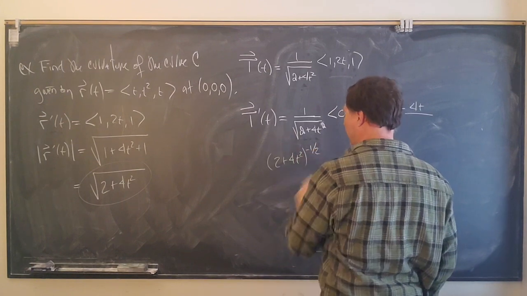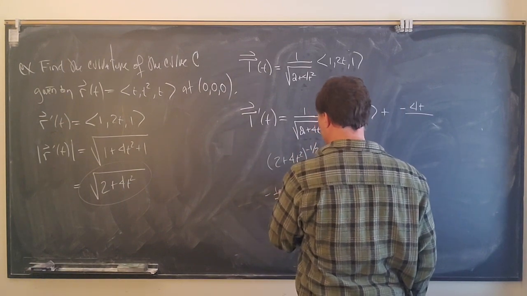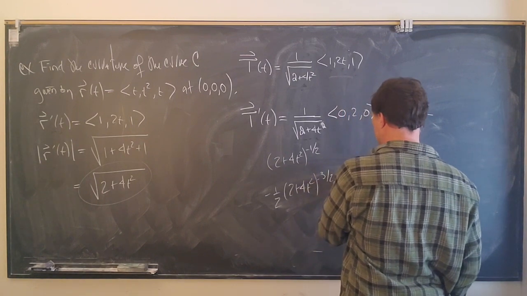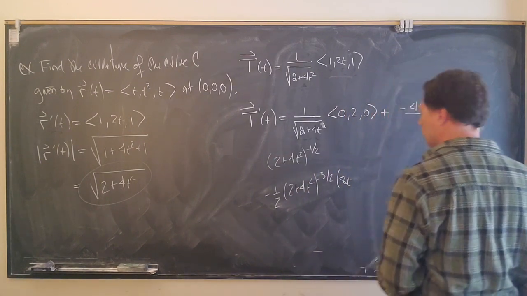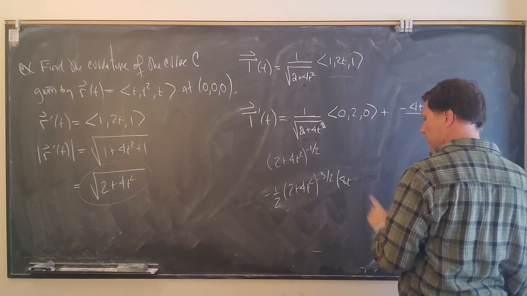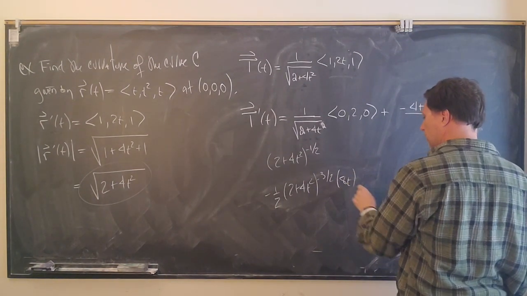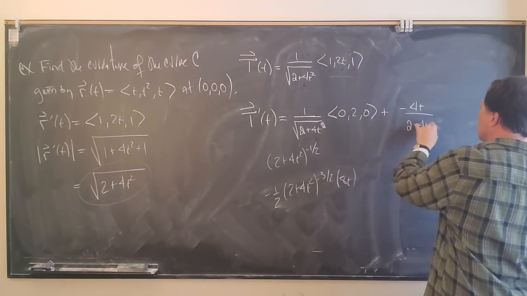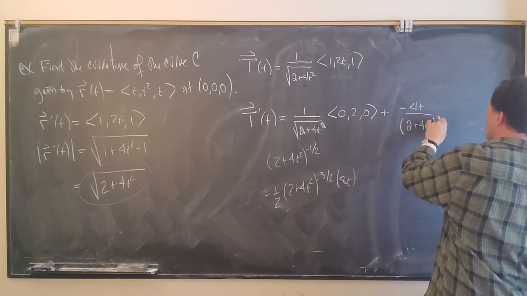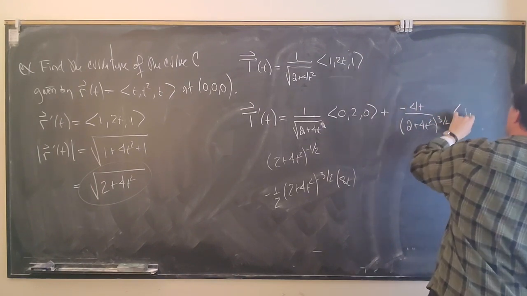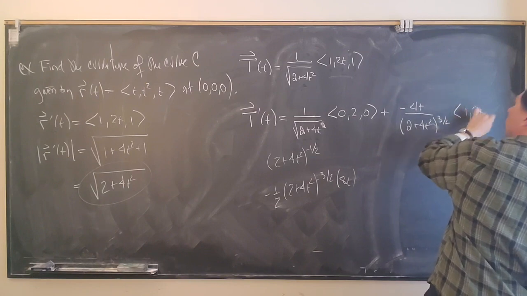So it'll be minus 1/2 times (2 plus 4t squared) to the minus 3/2 times 8t. So that's going to be minus 4t divided by (2 plus 4t squared) to the 3/2 times the vector (1, 2t, 1).